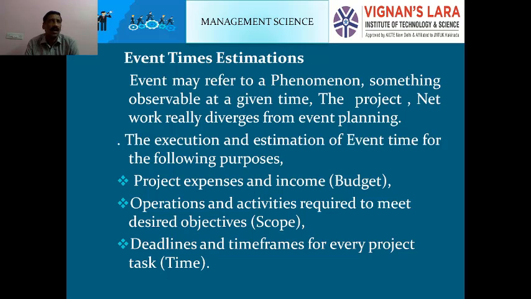How many events are taken into consideration in a network diagram can be decided in the following manner. The first one is project expenses and income: how much project expenditure, cost, is to be incurred against how much income is to be derived, that means the budget. The second is operations and activities required to meet desired objectives, that means the scope.